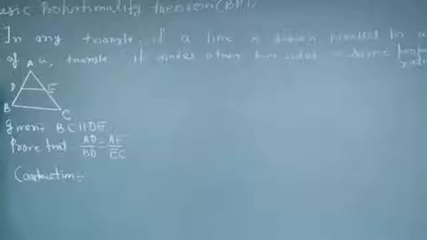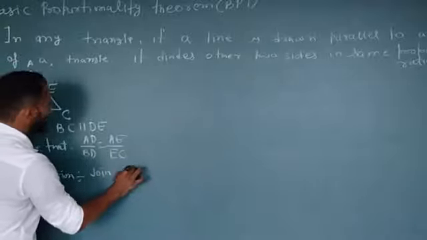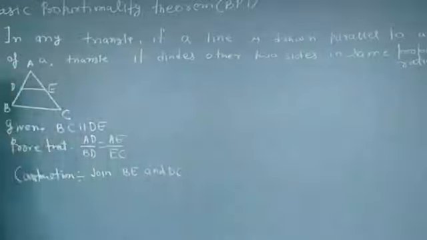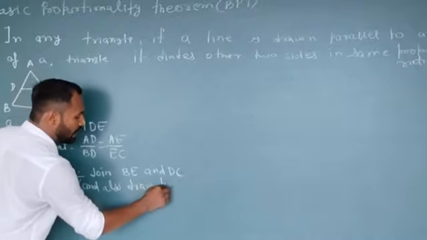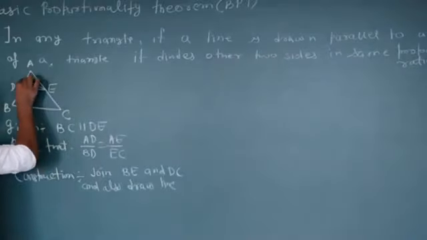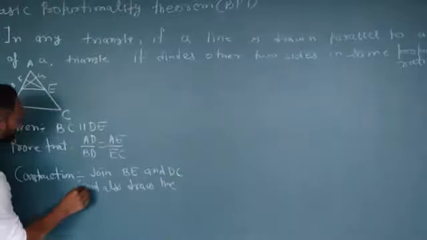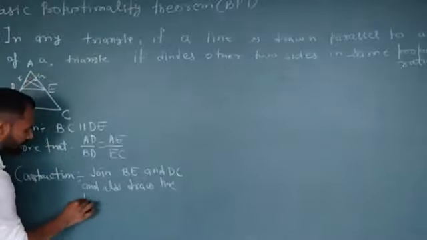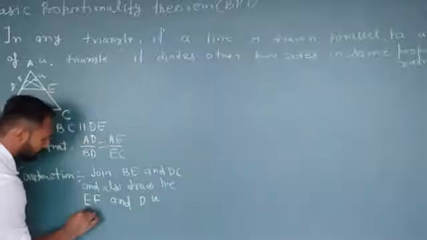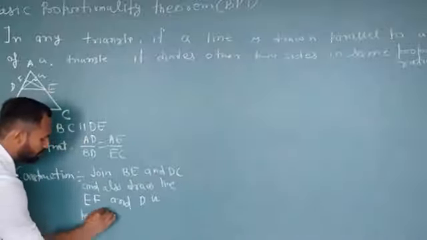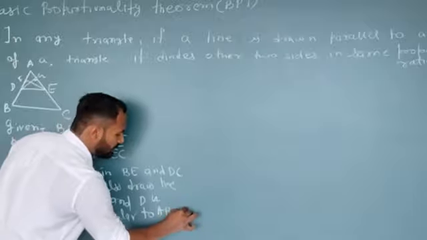The construction is: join BE and DC, and also draw lines EF and DG perpendicular to AB and AC.